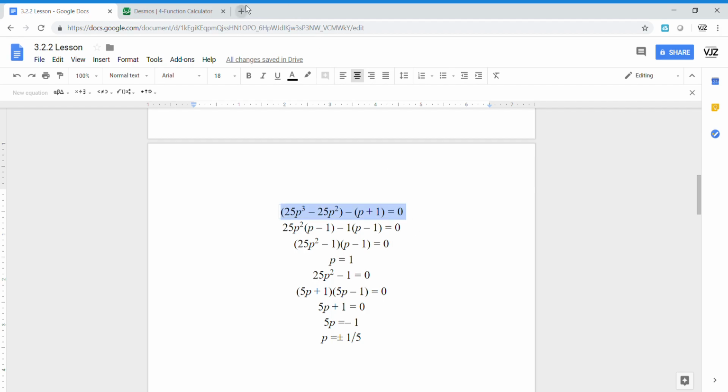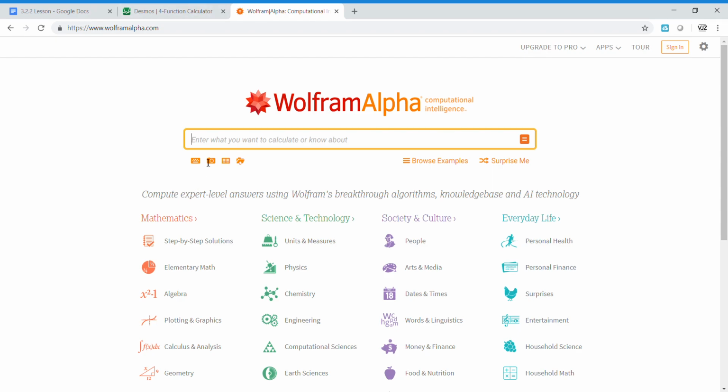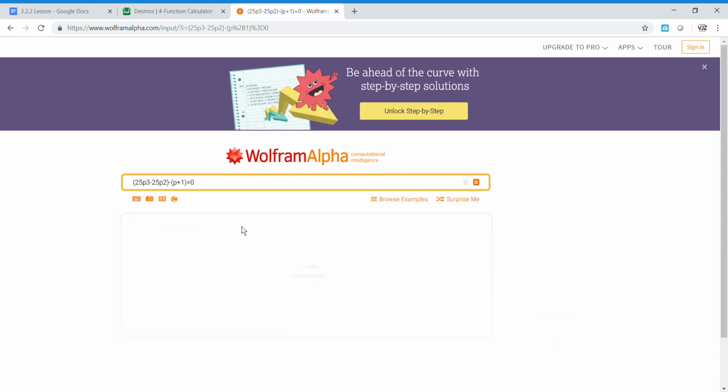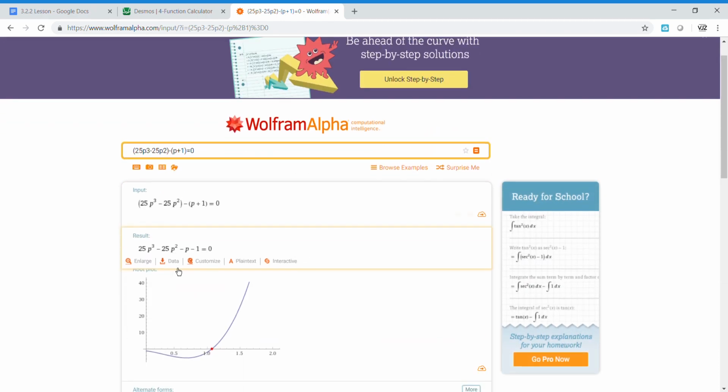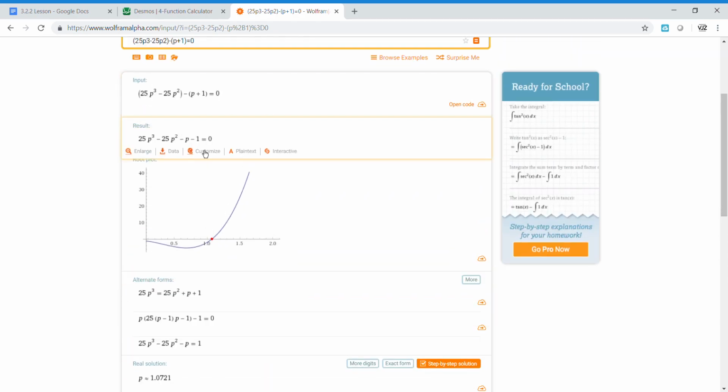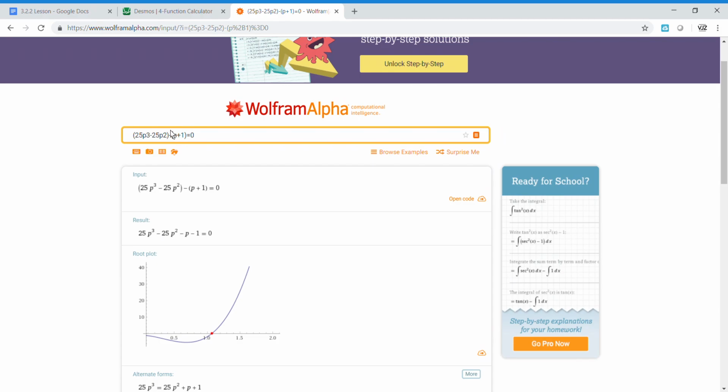So let me just go to our friend here. Now don't use this just to do your homework. Actually do your homework. Don't use this to do your homework. And oh, maybe parentheses do matter. Hang on.